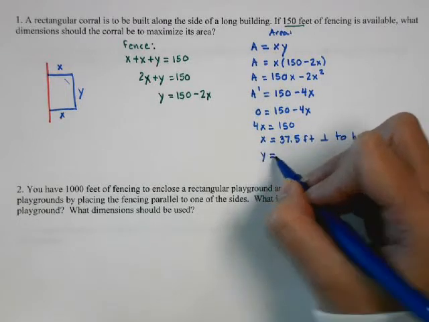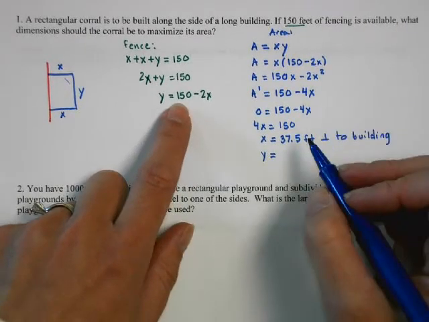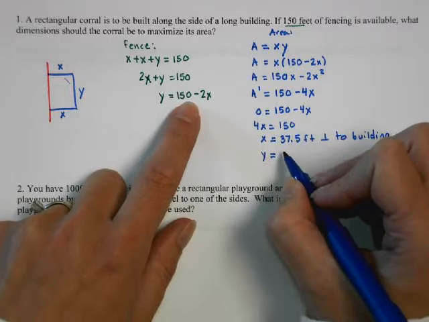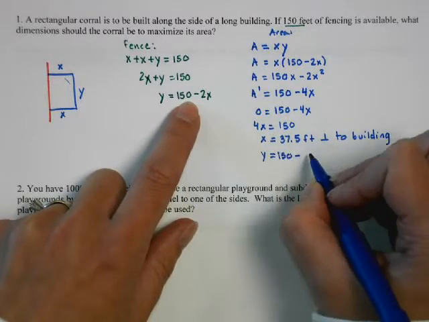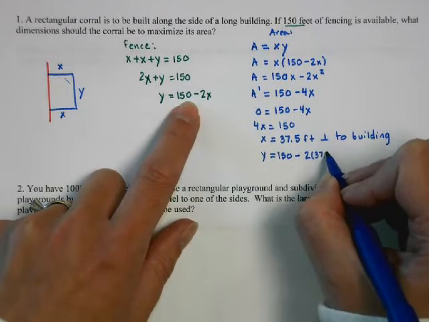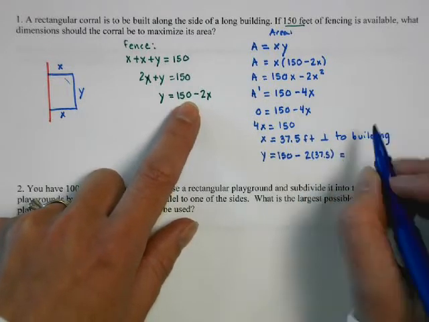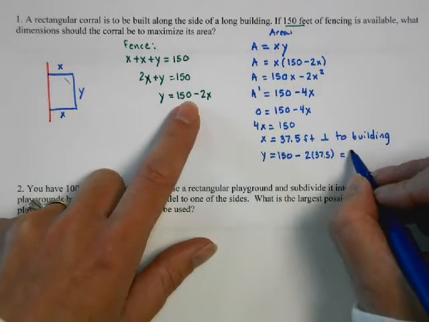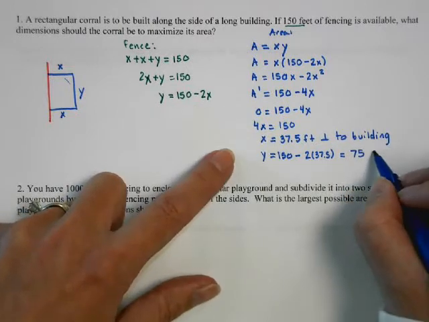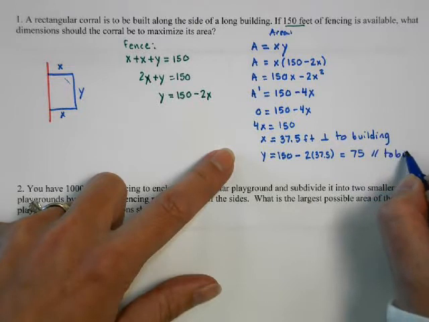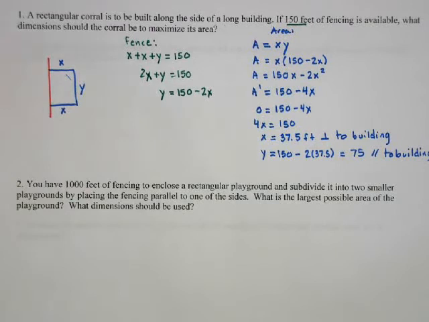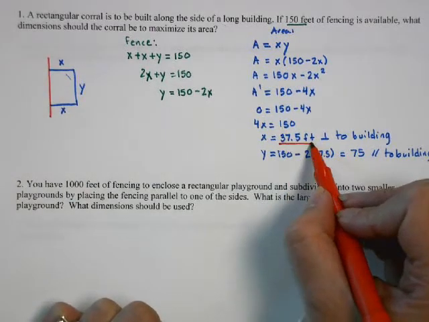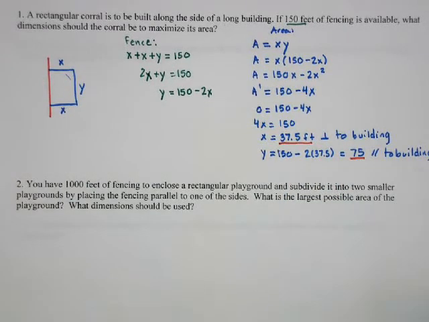The y, parallel to the building, we'll plug back in here: 150 minus 2 times 37.5 gives me 75, and that will be parallel to the building. If you have a good diagram, that's usually good enough for me. So 37.5 in that dimension, 75 in that dimension.